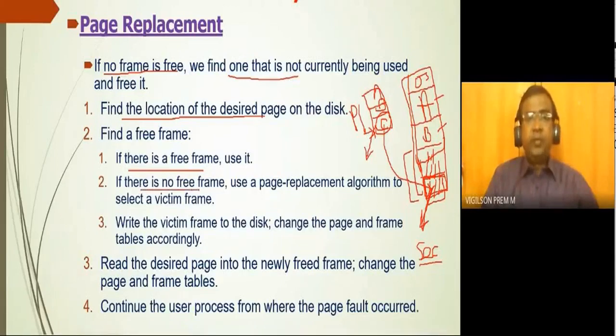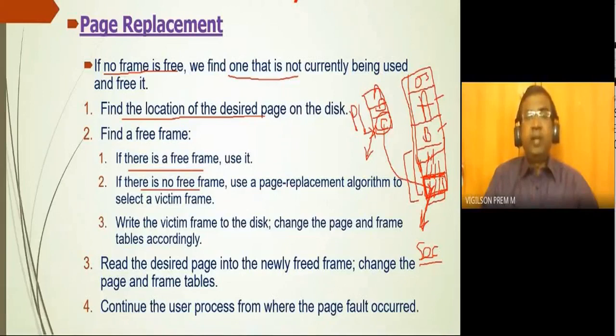If there is no free frame, what do we have to do? Use a page replacement algorithm to select a victim frame. I said it is free, but we don't know which frame is to be freed. So we are going to use a page replacement algorithm. Based on that algorithm, we select a particular frame to be freed.